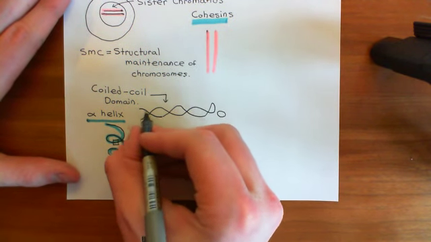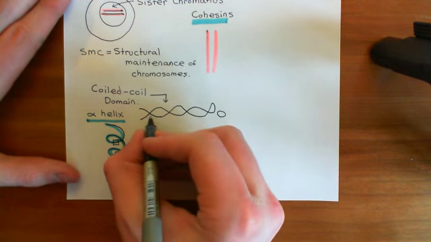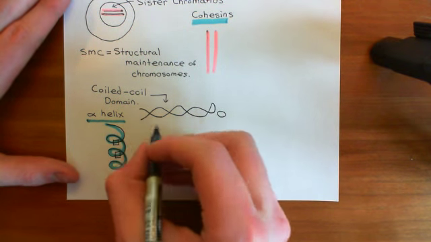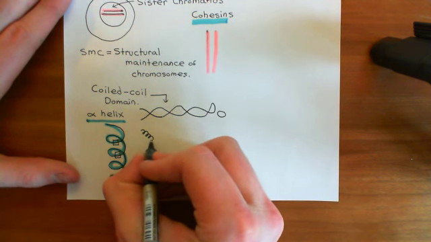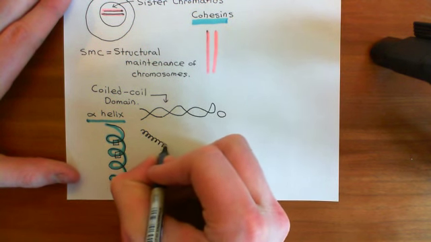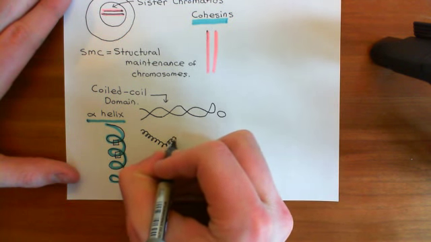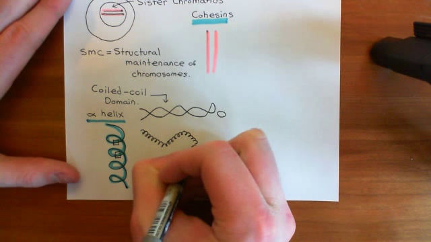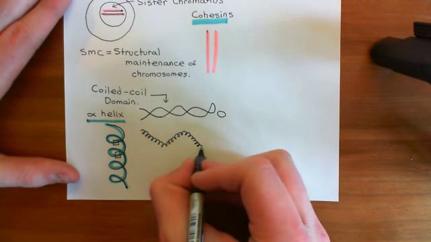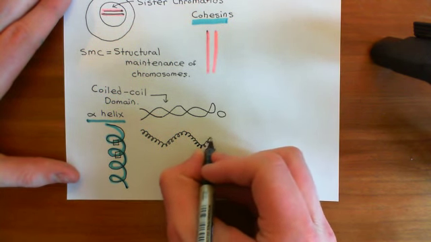Each one of these lines here no longer represents a polypeptide. This represents a polypeptide that is in an alpha helix. So if I wanted, I could draw it more like this. Okay, in fact, this probably gets the message across better. So the whole thing within the alpha helix is now coiling up into a double helix. And what's it helixing with? It's helixing with itself, okay?